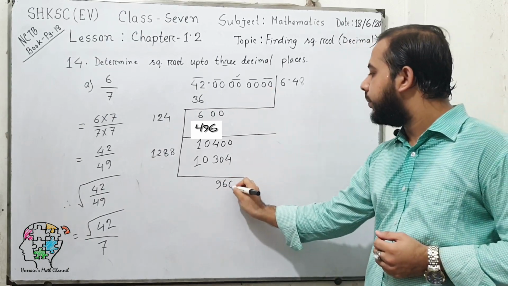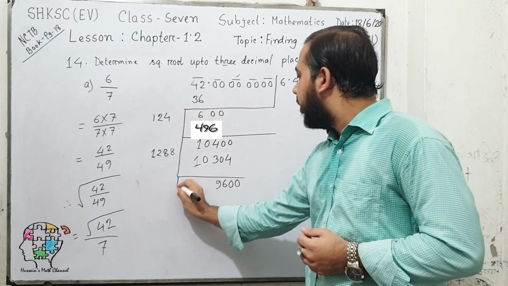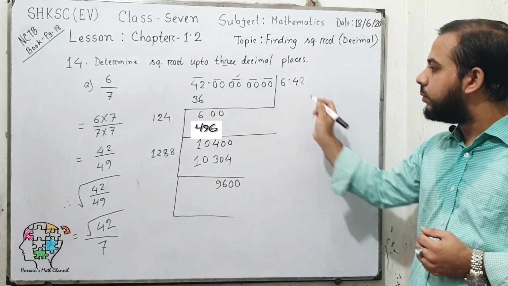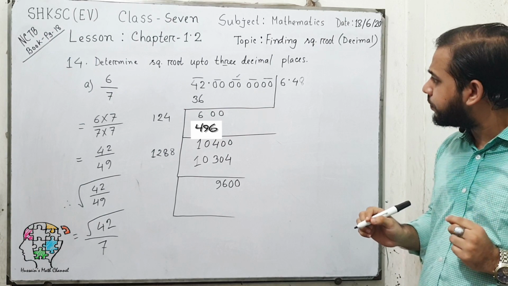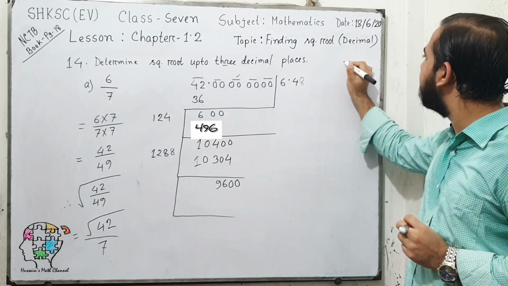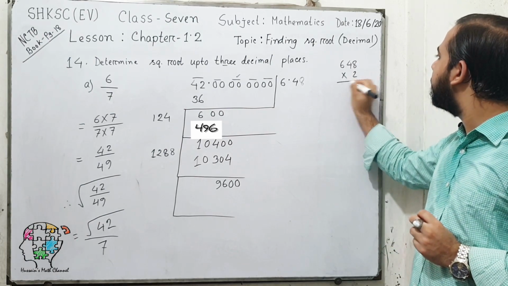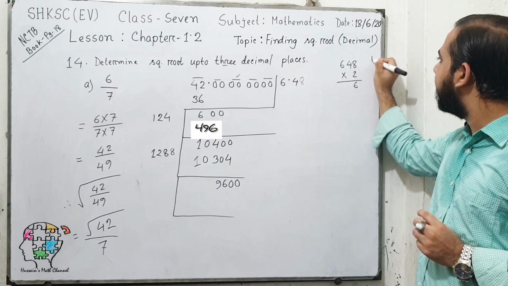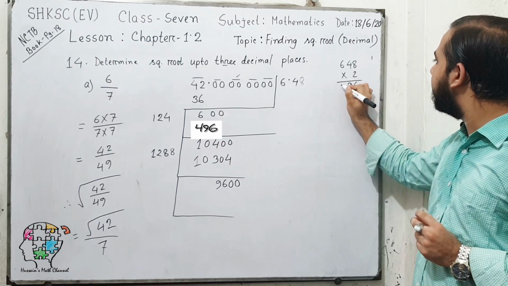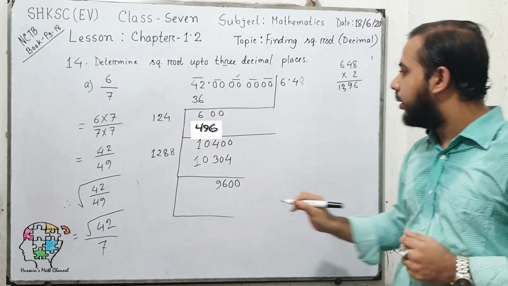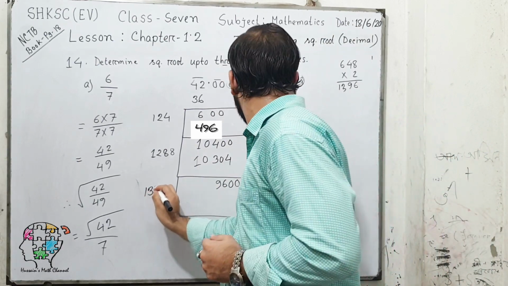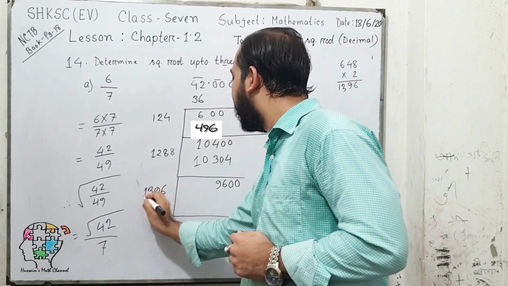Now we put another pair of zeros. Now if we double this one, we will get 648 times 2, so we'll get 1296.